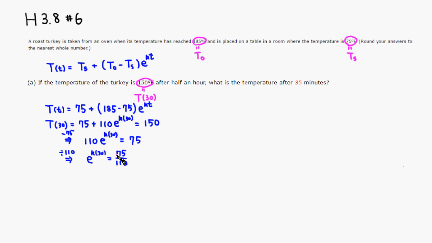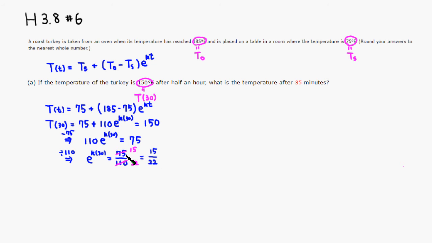Let's simplify this. It's a multiple of 5: 75 divided by 5 is 15, and 110 divided by 5 is 22. So this is 15 over 22.